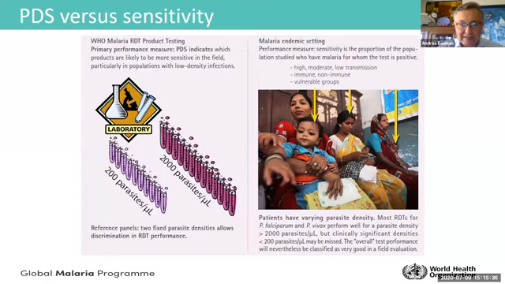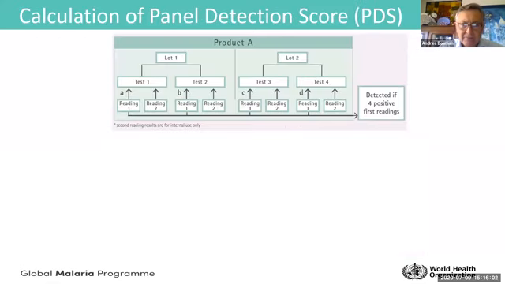So most of the evaluation is done in the lab, using samples which are all characterized. They are calibrated to have a certain parasite density, a high and a low parasite density, and also very well characterized antigen concentration.